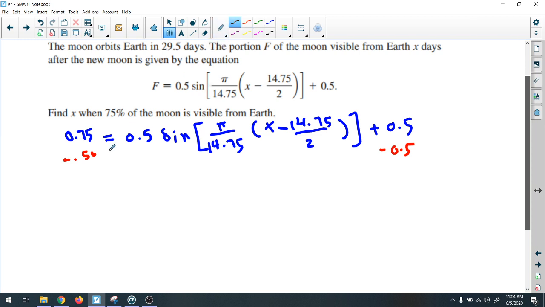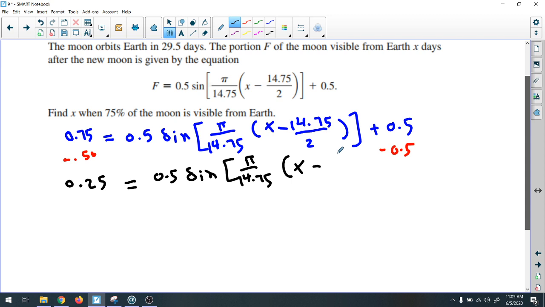So this side will be 0.25, since 75 minus 50 is 0.25, equals 0.5 sine of pi over 14.75 times x minus 14.75 divided by 2.